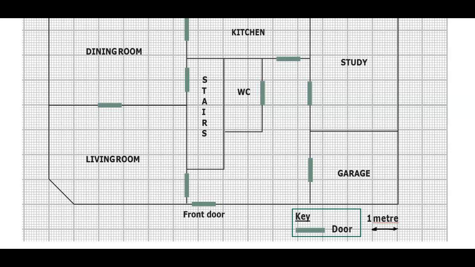We know that this length is equal to 1 meter. So the living room is this one here. So we've got 1, 2, 3, 4 meters. And this is 1, 2, 3, 4, 5.5.